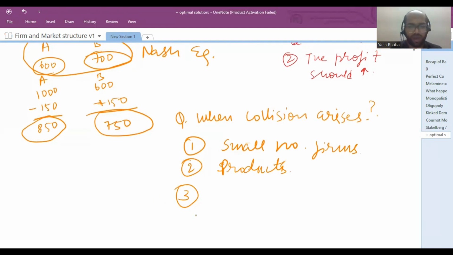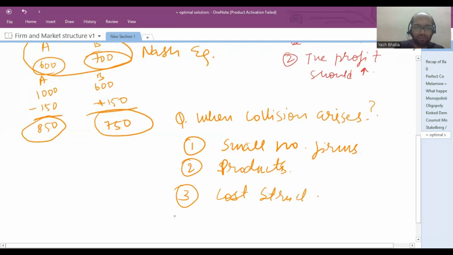Third condition, they all have the same cost structure. If they have the same cost, then they all operate near the same equilibrium price and quantity. Okay, similar cost structure. And the fourth condition is, they all make fewer purchases.